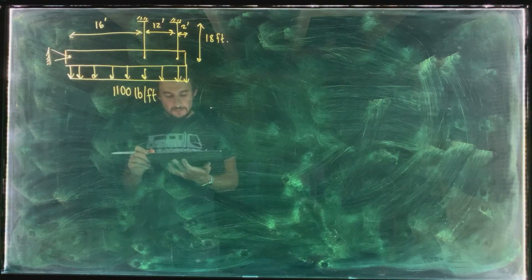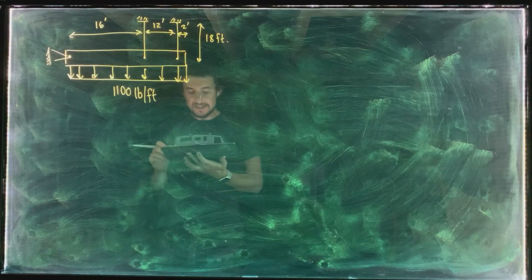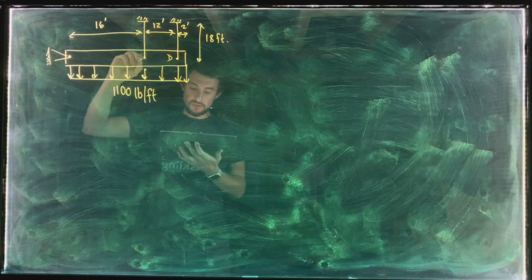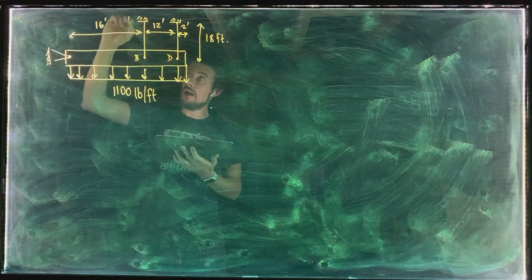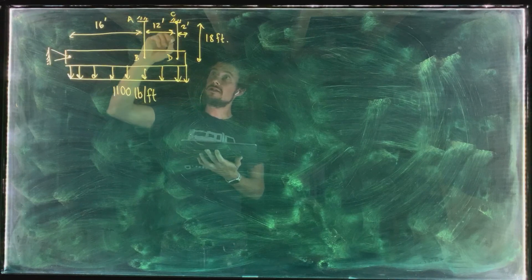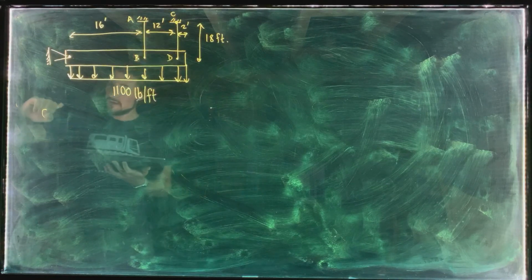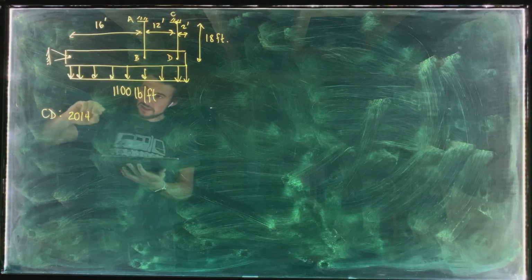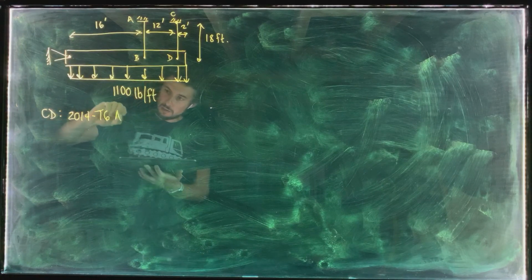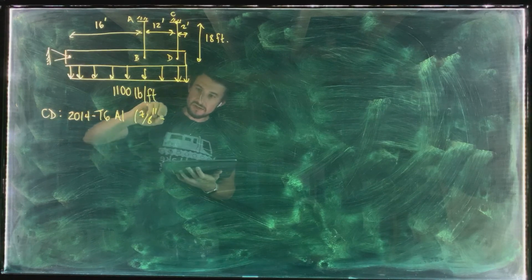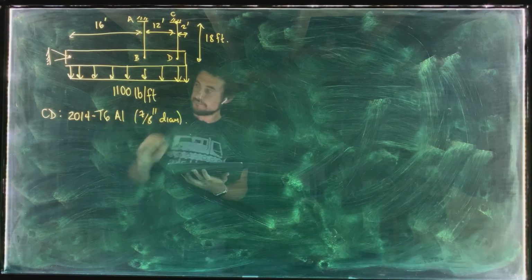The aluminum cable was placed in position CD, which isn't going to mean anything to you until I put labels on here. So A, B, C, up here, D. So CD ends up being 2014 T6 aluminum, and it's a 7/8 inch diameter cable.